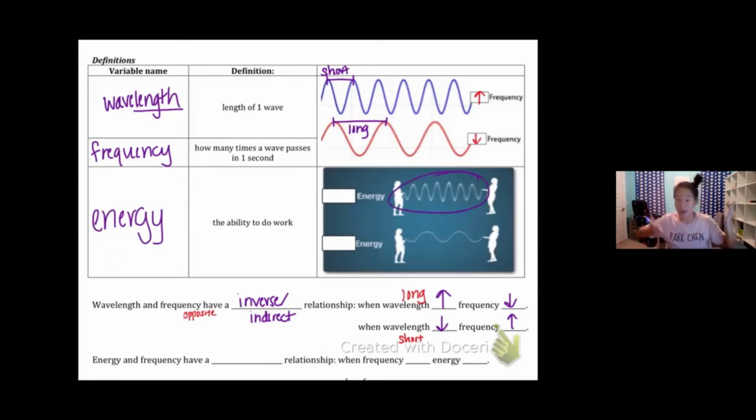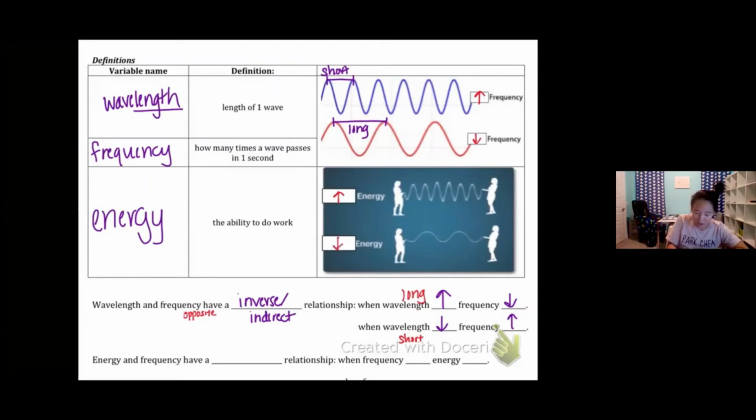There are a lot of waves happening in 1 second. So let's think about it. The more waves you have, boom, boom, boom, do you think you have high energy or low energy? Yes, you have high energy. When you have this other picture down here, waves are not happening that often, then the energy must be low.